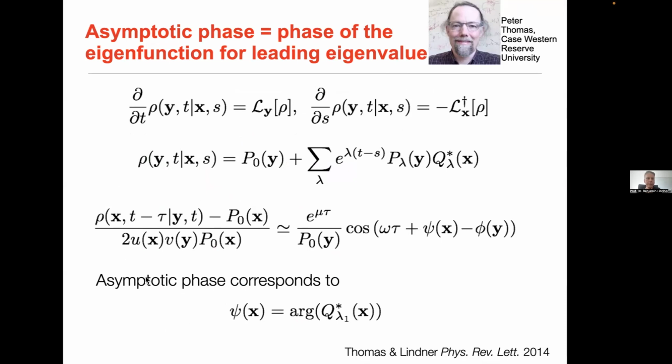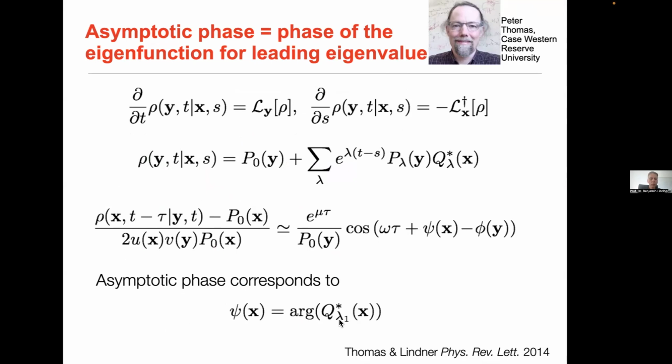Okay, I was just saying that a very valid phase description is to pick the complex argument of this q lambda 1 function. This is the eigenfunction of the backward operator that belongs to the eigenvalue with the smallest non-vanishing real part.